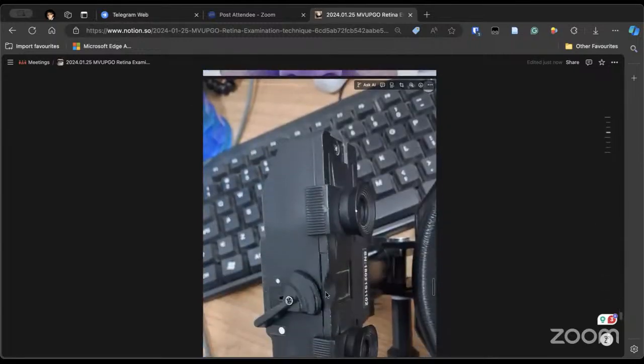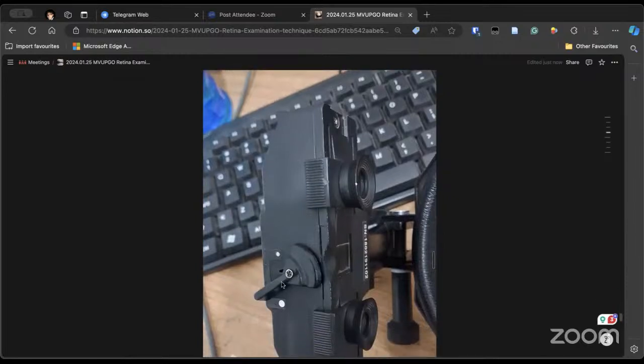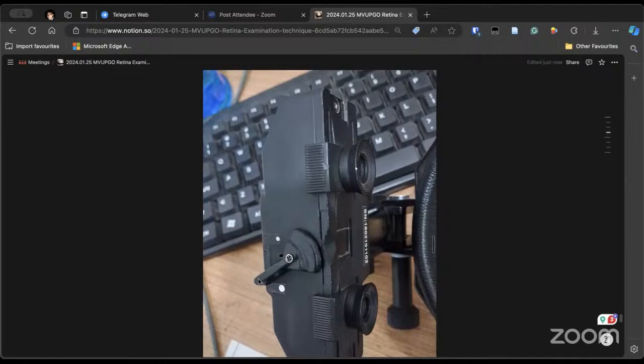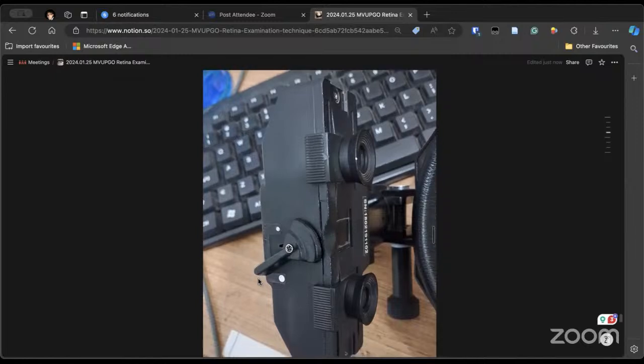Can anyone tell us what this is? There is a large round and a small round here. How does it work? What is the function of this? It will change the size of the illumination.